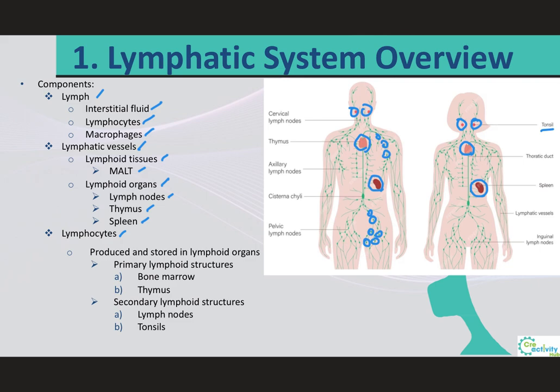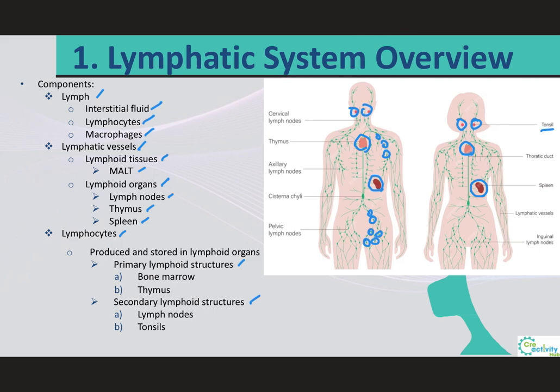So it makes sense that these lymphatic vessels circulate through these lymphoid tissues and lymphoid organs, as they will be carrying all these different types of cells. Now, lymphoid tissues and lymphoid organs are classified as either primary or secondary lymphoid structures. Primary can also be called central lymphoid structures.